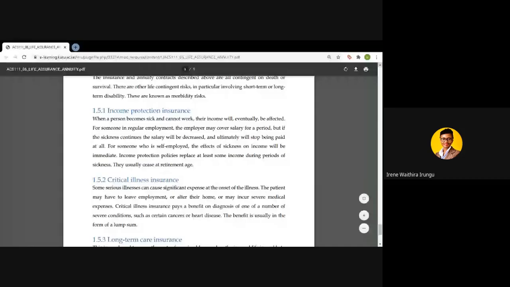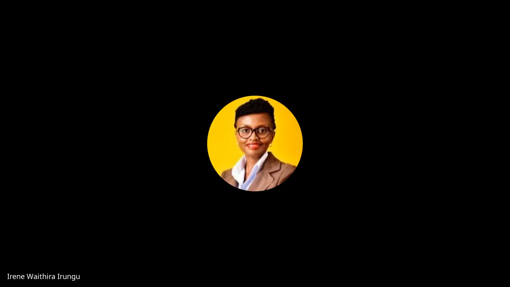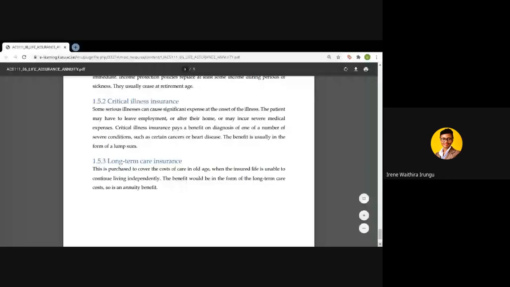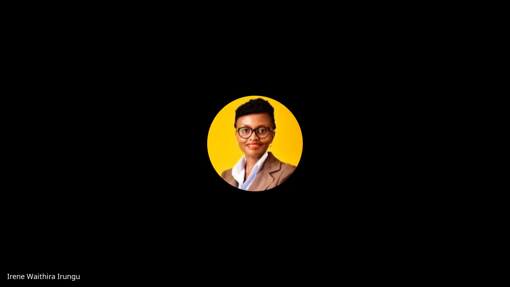Now with critical illness, we are focusing on the financial burden associated with being diagnosed with a critical illness. You appreciate that the cost of, for instance, treating cancer is really expensive and can affect the financial status of an individual or even an entire family.